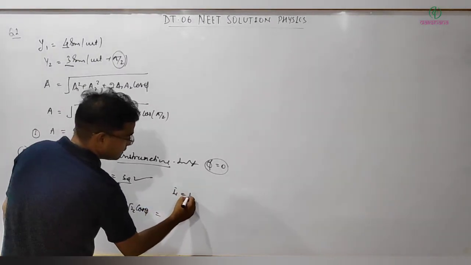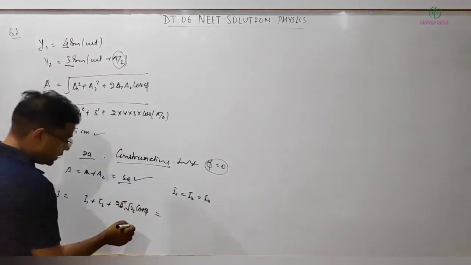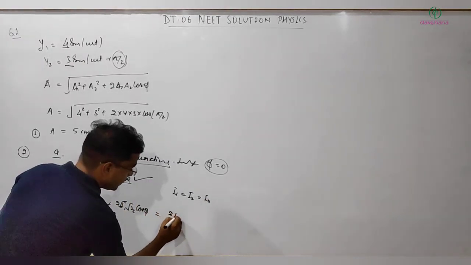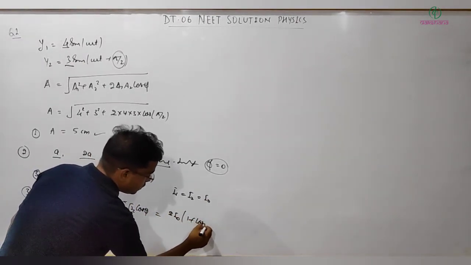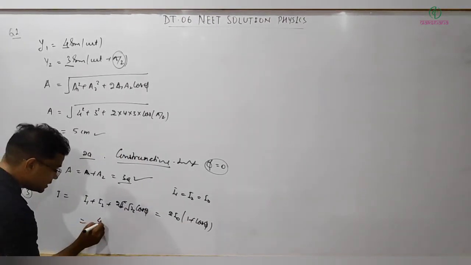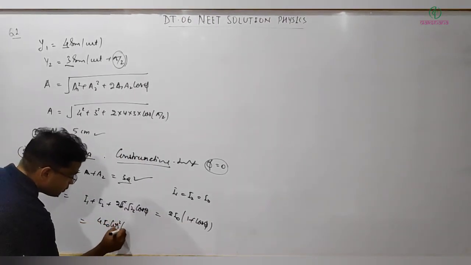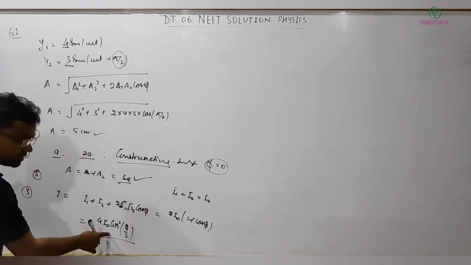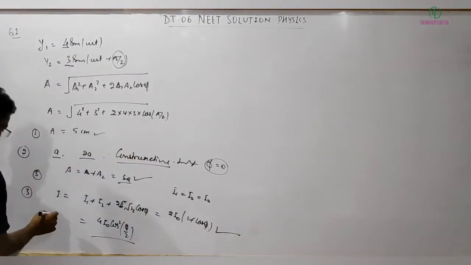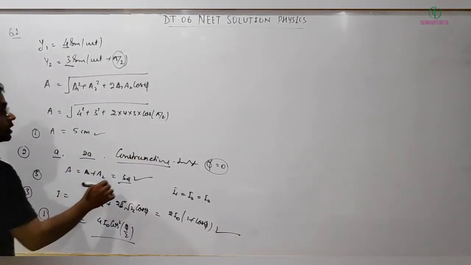Here I1 and I2 are both equal to I0, and simplifying we get 2I0(1 + cos φ). It can be further expressed as 4I0 cos²(φ/2), but no such expression is given, it's only this one, which matches option 1.